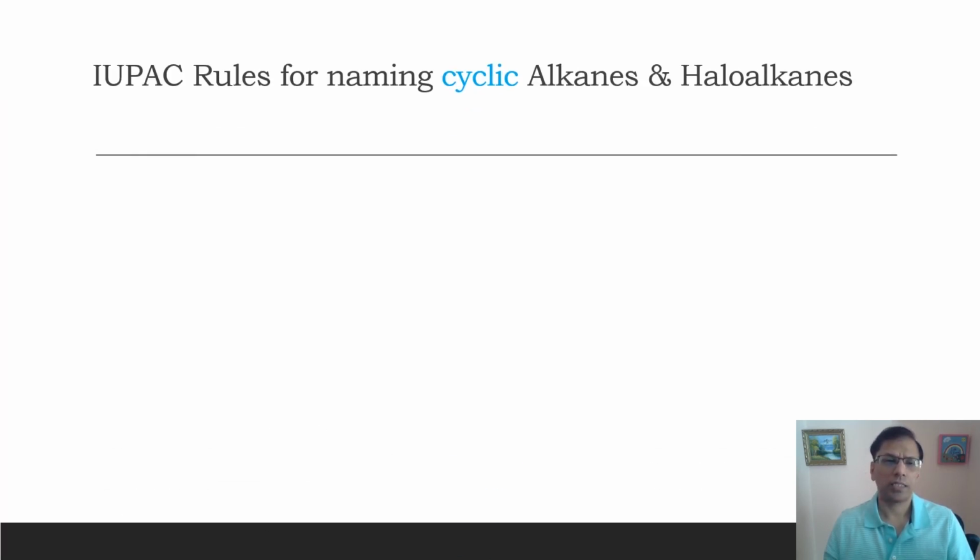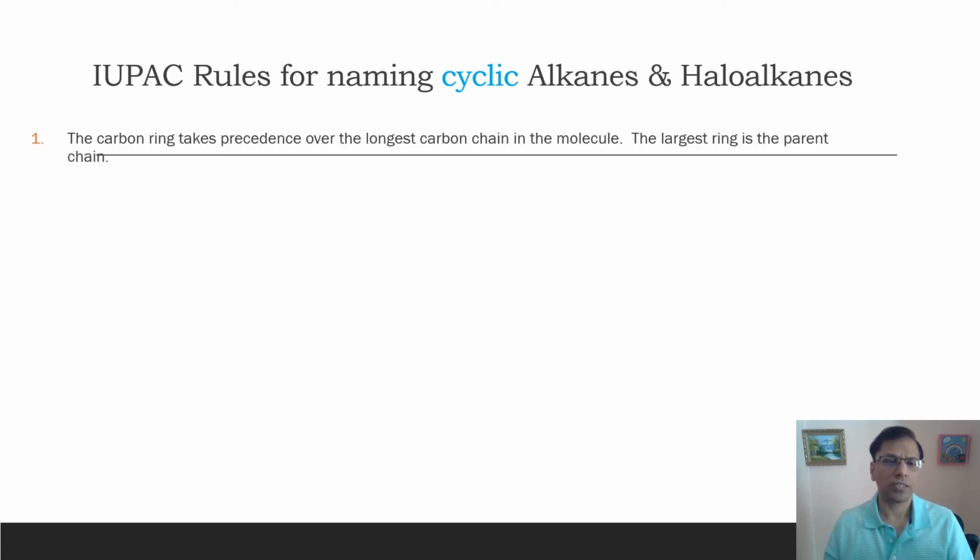So let's learn how to name a cyclic alkane or a haloalkane, and these are the IUPAC naming rules. The first thing you have to do is look at if you can find a ring. If there is a ring in the molecule, then you count the number of carbon atoms in the ring, and you also count the number of carbon atoms in the chain, and remember that the ring takes precedence.